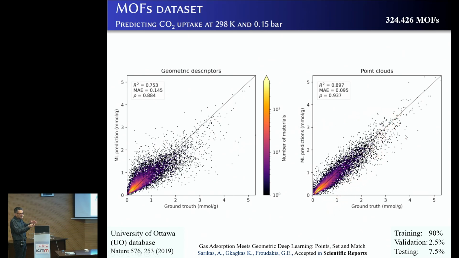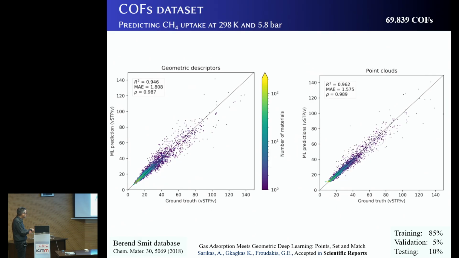You can see it's much more condensed to the diagonal, so it's more accurate. Here we used 90% of our data for training and the rest for validation. And of course, for different gases and different materials, you can see a similar picture.